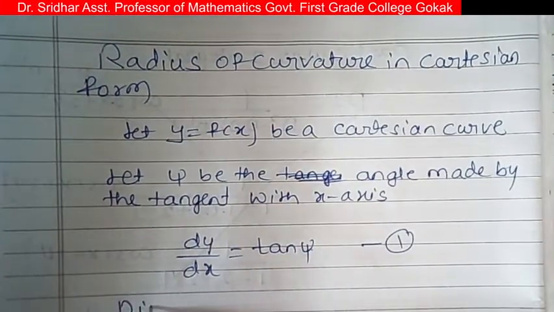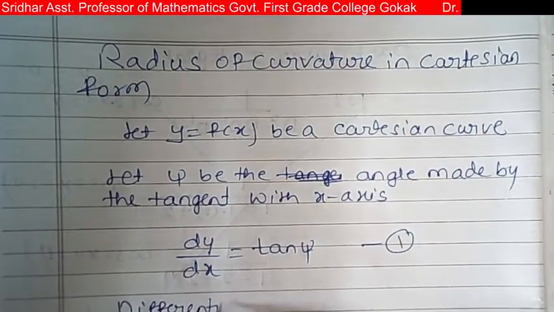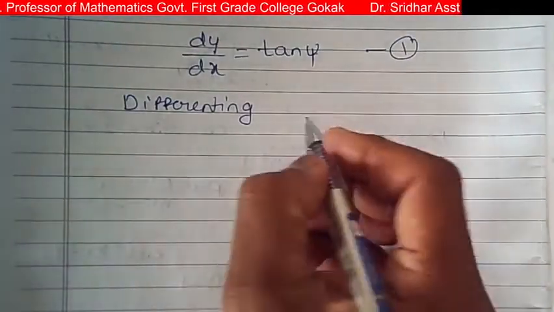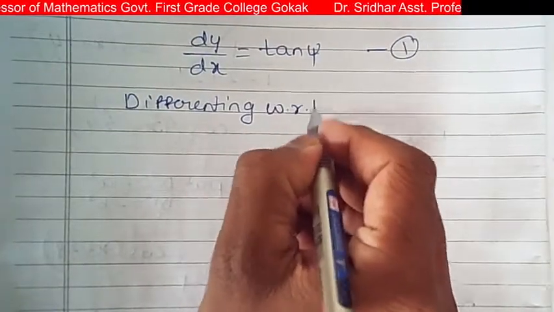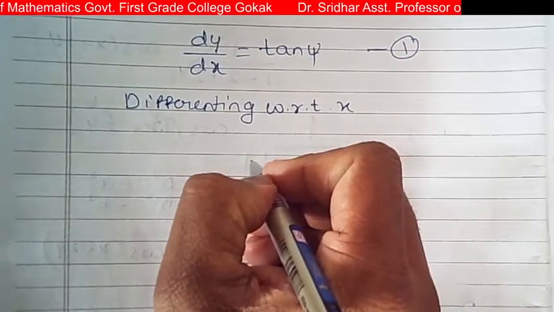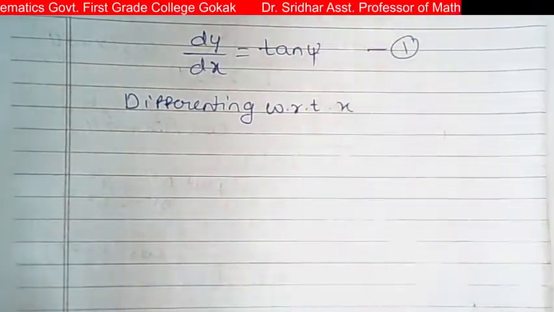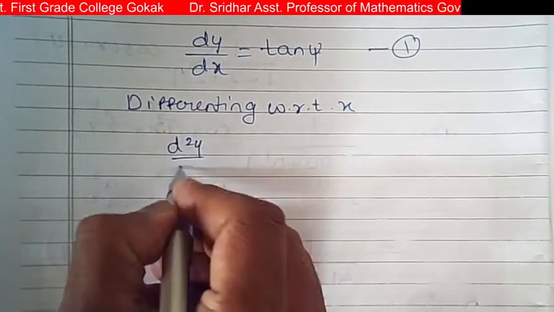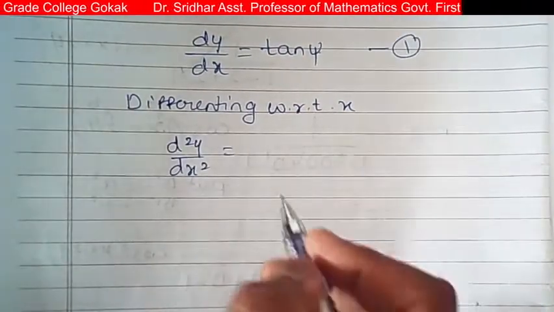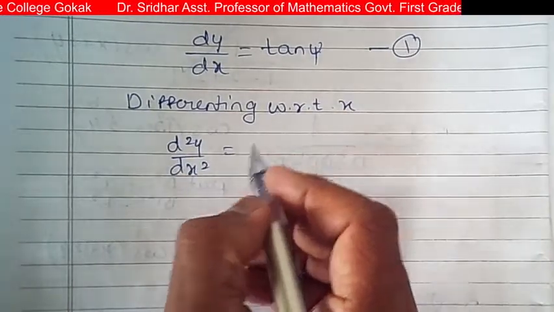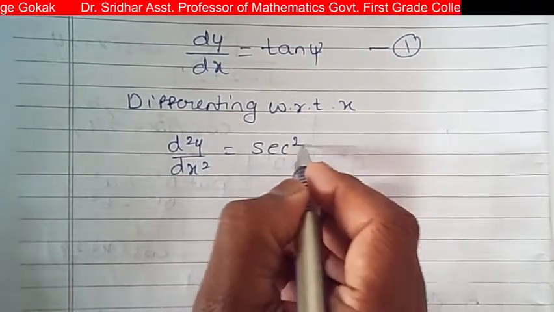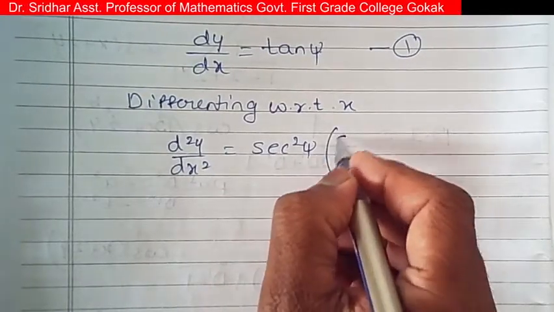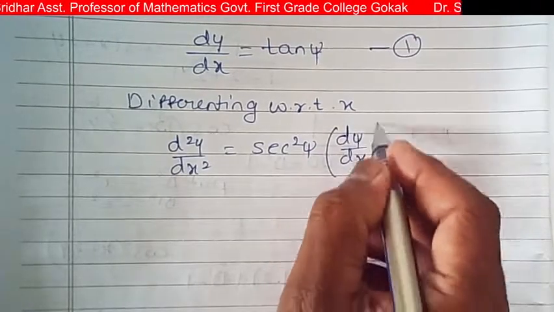Now differentiating with respect to x, we get d square y by dx square is equal to sec square psi into d psi by dx.